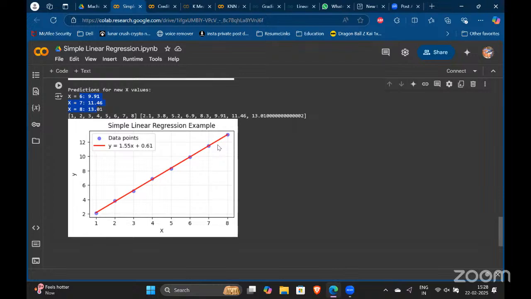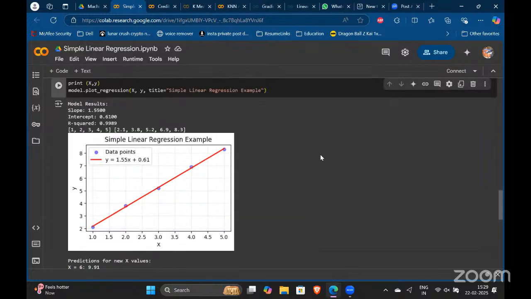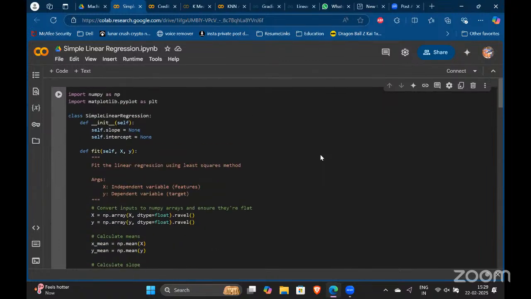So now you understand how linear regression is working. Any questions till now? Any doubts? At the end of the day, I'll share all these Colab files with you guys.